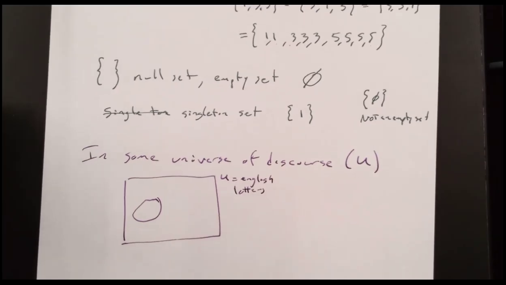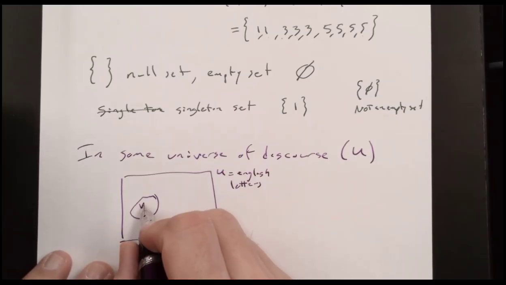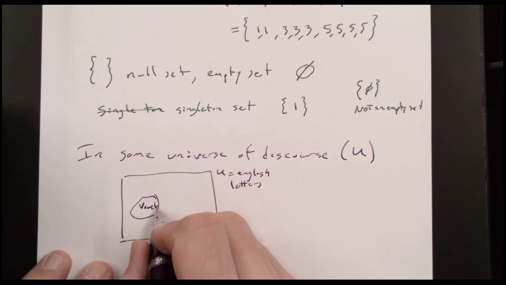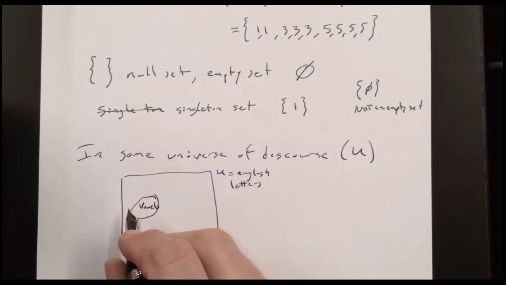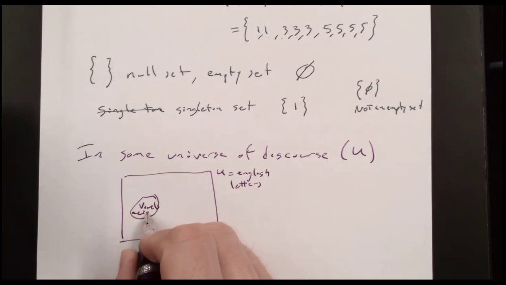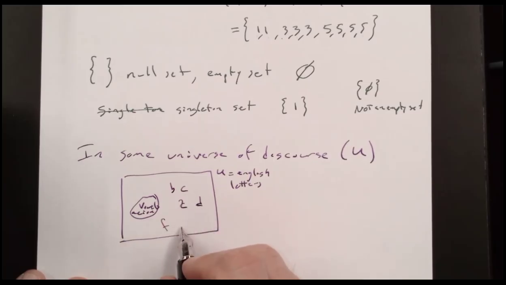So here's an example. In the universe of English letters, let's write vowels. Letters that are always vowels, right? A, E, I, O, U. Then all the other letters go out there.